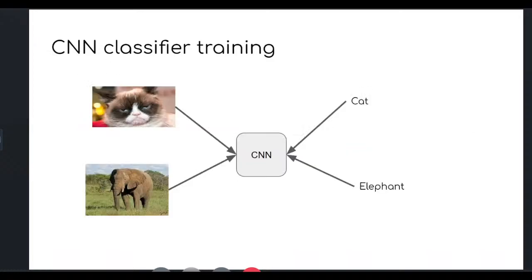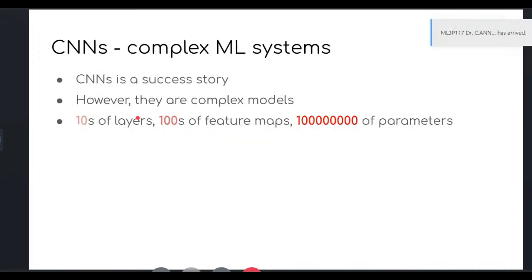What it should do is take the input image and predict the label. This is a cat and this is an elephant. It has to just predict y from x. It's a classifier which predicts y looking at x, right? So that's object recognition. It is recognizing the object which is present in the input image.